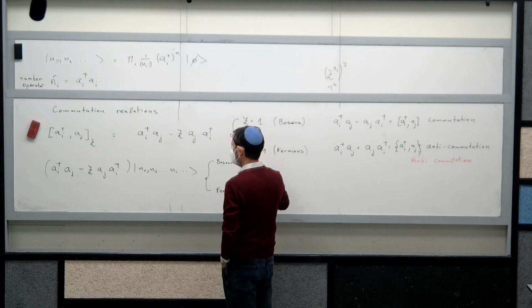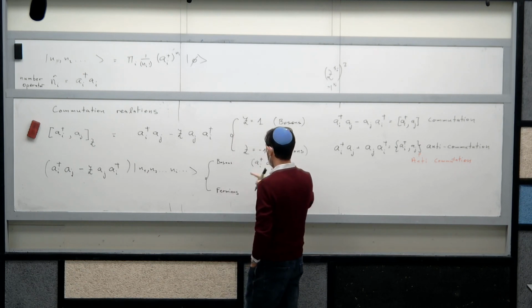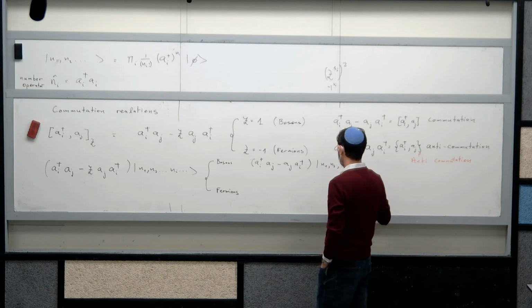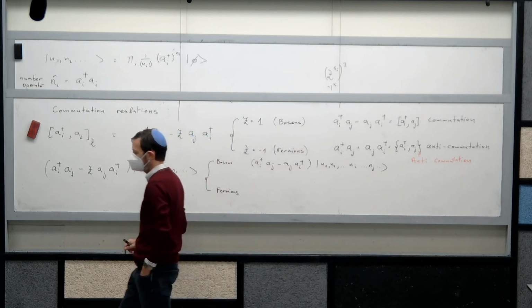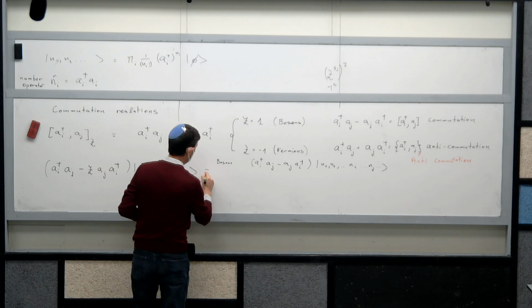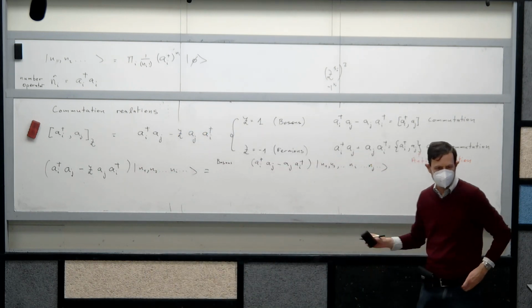Okay, so for bosons, minus AJ. Actually, I want to keep the space for finishing that, so I'll first do bosons and next I'll do fermions.